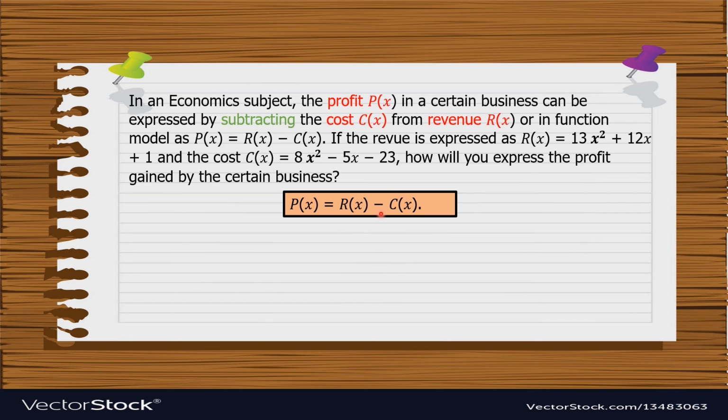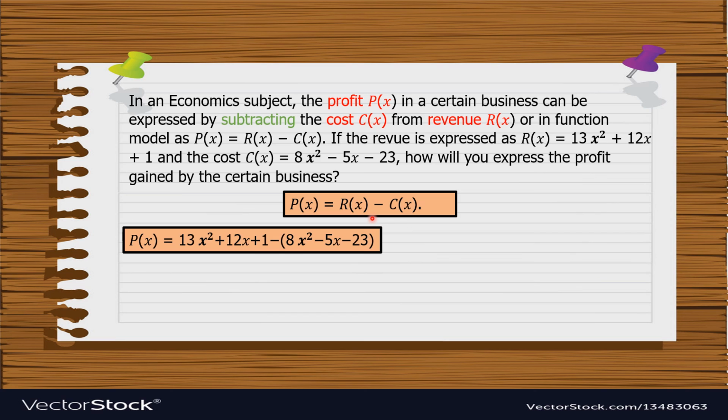So in subtraction of functions, as I have said a while ago, we need to enclose the subtrahend in open and close parentheses, because we will change the signs in the subtrahend and we will proceed to addition.